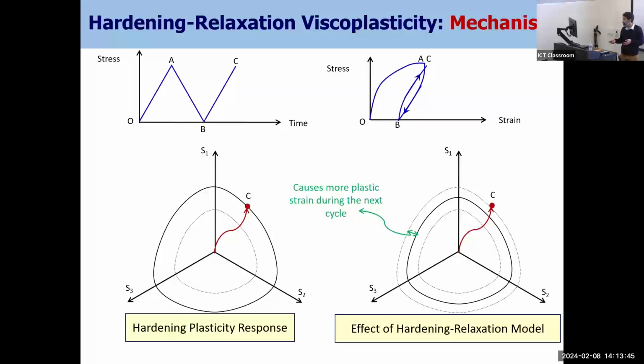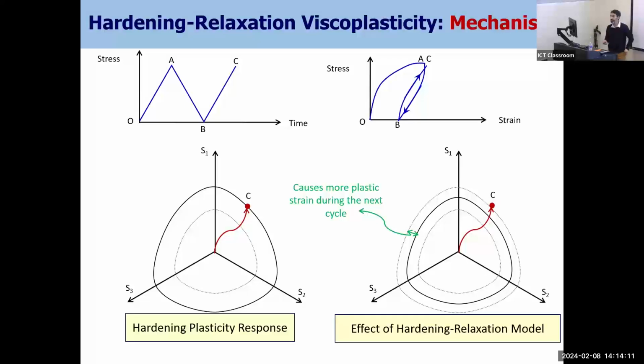Now, if you reload again to the same level of stress, what happens here is that, well, this is the path, you are in the yield surface, no yielding, and it shows no further increment of the plastic strain. But here, there is a distance, and that distance is enough to give you further plastic strain.